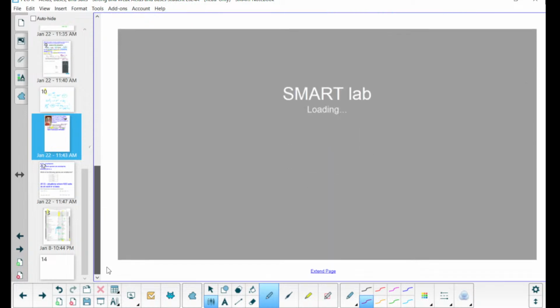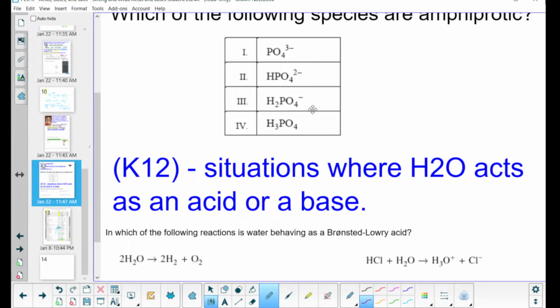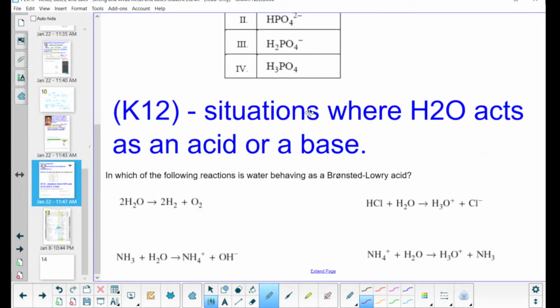And last bit. Which of the following are amphiprotic? Please pick. And which of the following reactions is water behaving as an acid? Please pick.